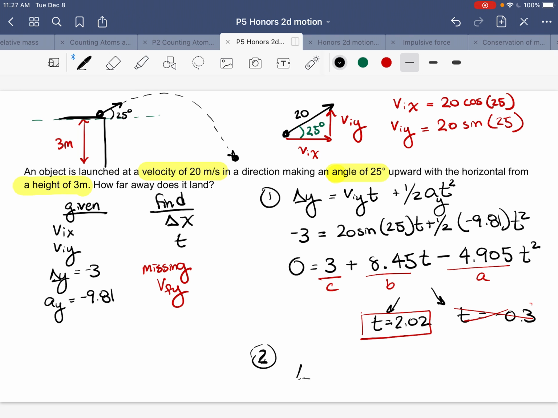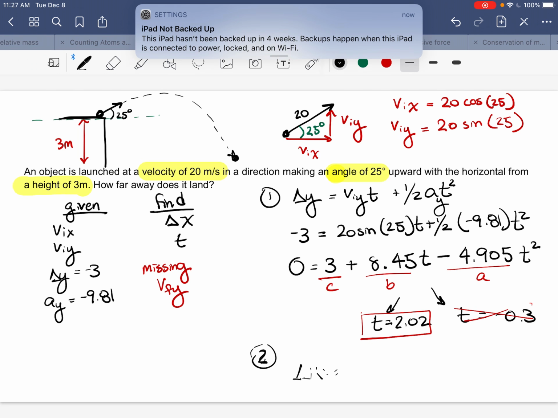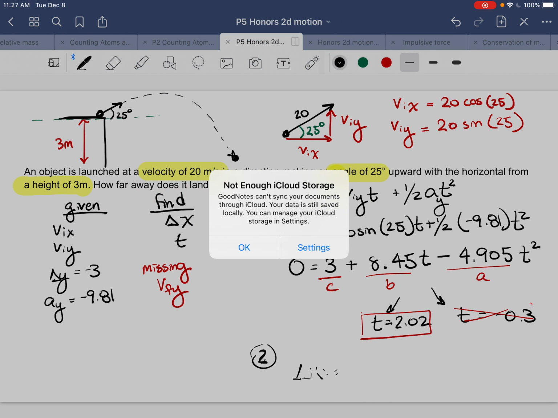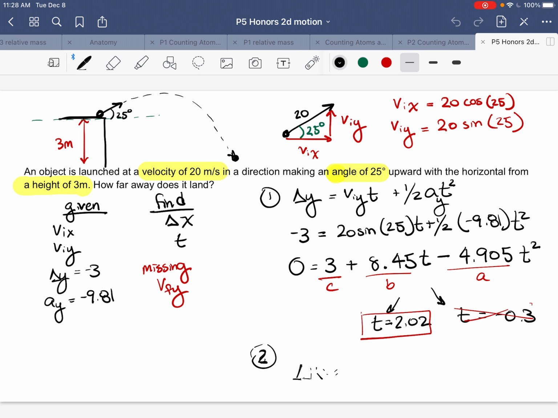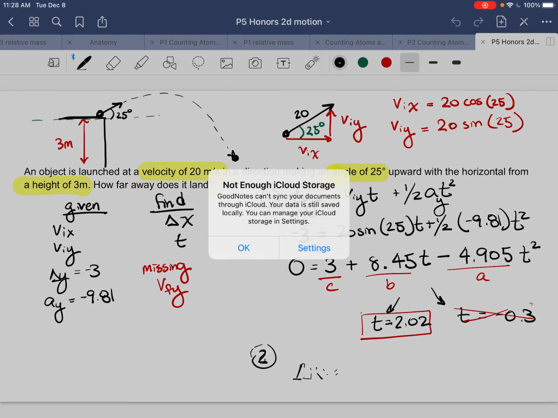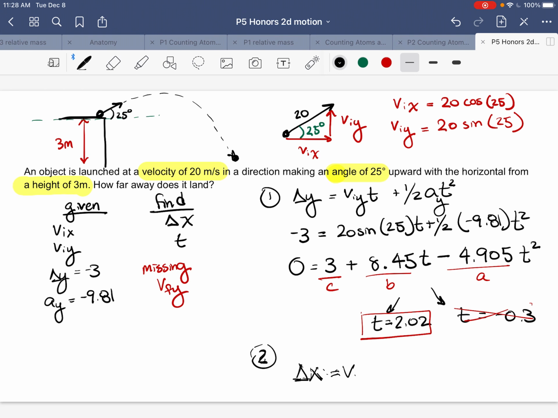So I have delta x equals the initial velocity in the x direction times t, or 20 cosine 25 times that 2.02, or 36.6 meters.